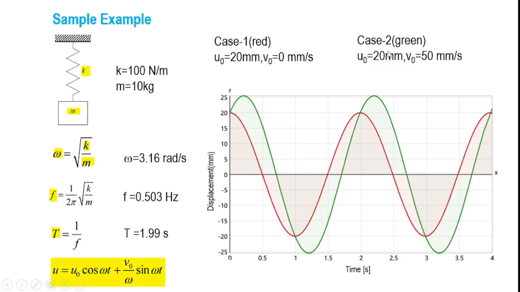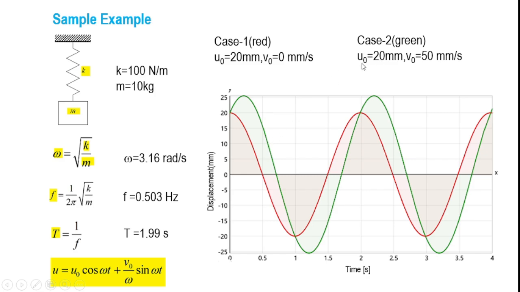Now again I have taken another case wherein I change the initial conditions slightly. I kept the initial displacement u0 approximately the same, but I also imposed an initial velocity v0 which is 50 millimeter per second, and the resulting response is indicated by the curve in green.